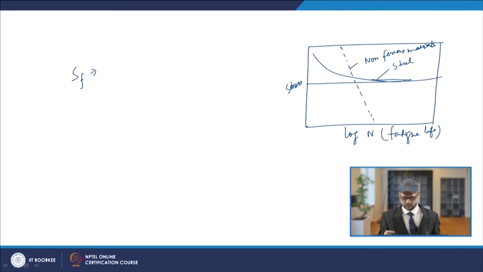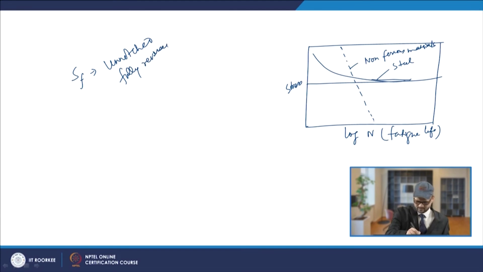So we have the SF, that is when we are in the completely unnotched condition, and we are doing completely reversed conditions. So SF is the unnotched fully reversed fatigue limit.